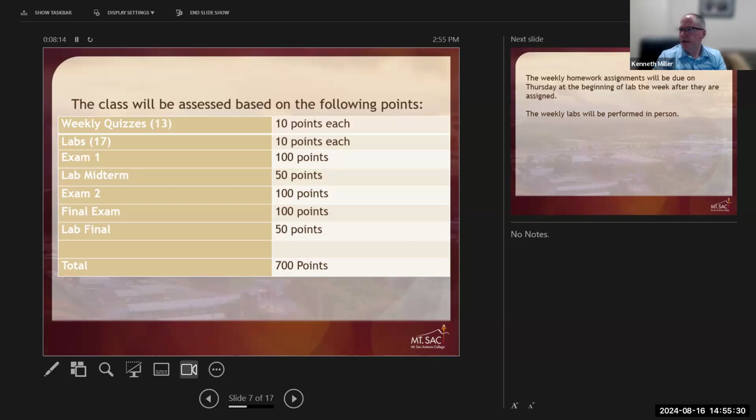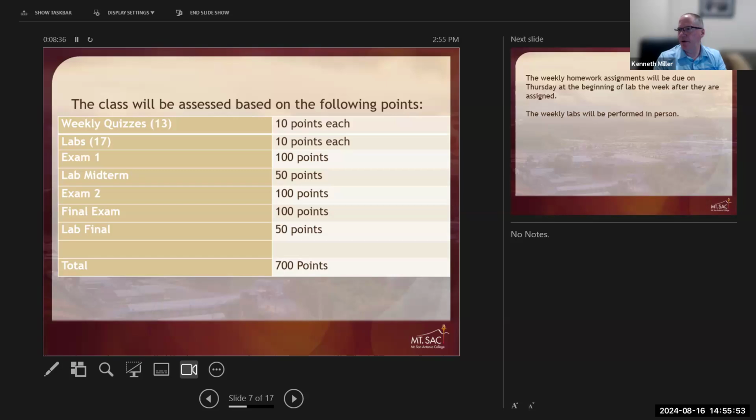All right. There's also 3 written exams in this course: exam 1, exam 2, and the final exam. All of those are worth 100 points each, and those will be take-home exams, and then you'll turn them in the week after they've been assigned.